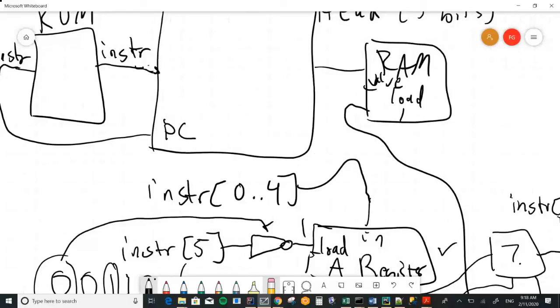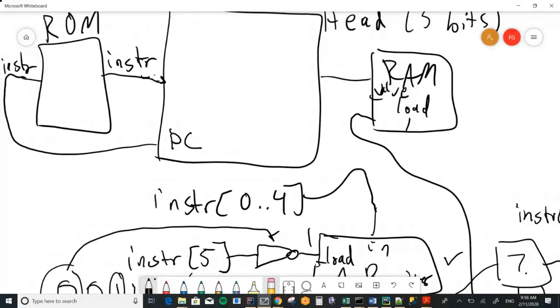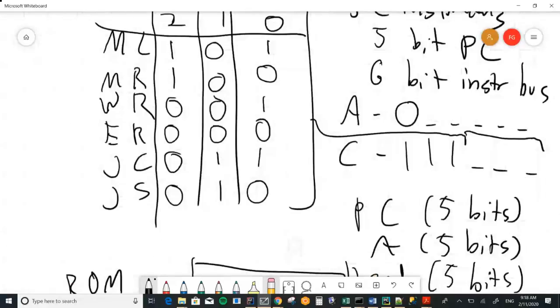To implement the write and erase instructions, what we need to do is work out a circuit that takes the bits for those from the instruction, decides whether or not this load bit is a 1, and then decides what bit is actually coming in here. So let's look back at the instruction.